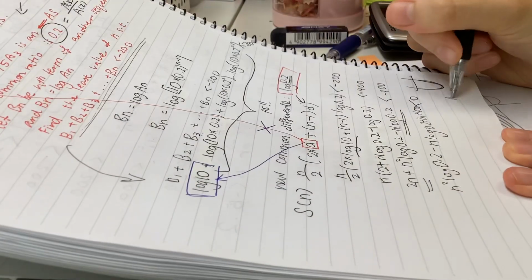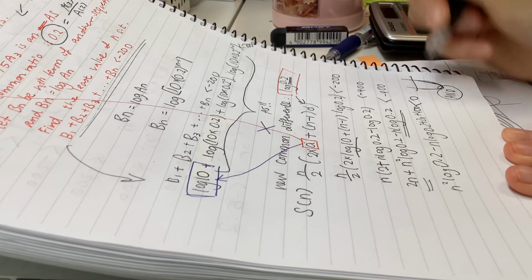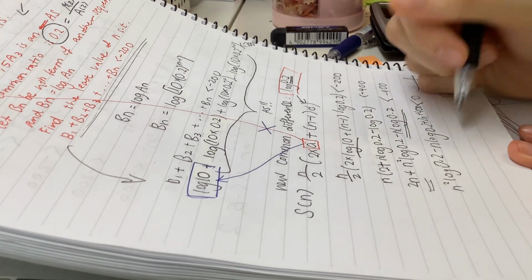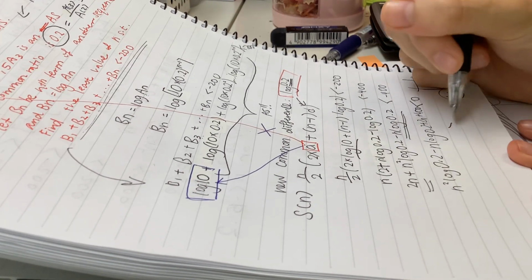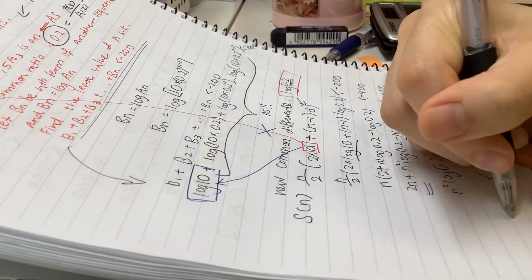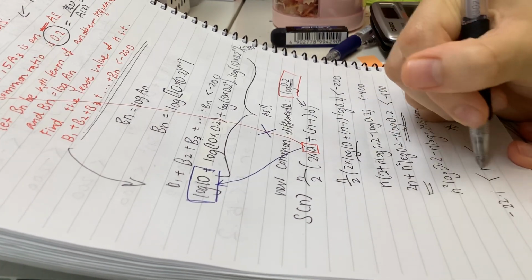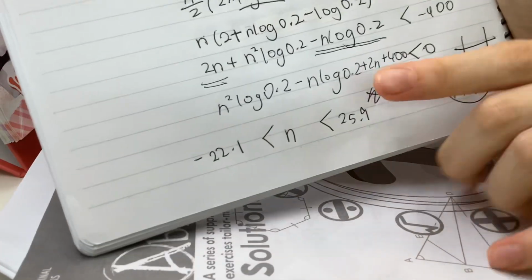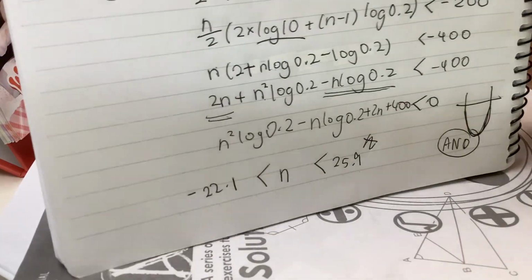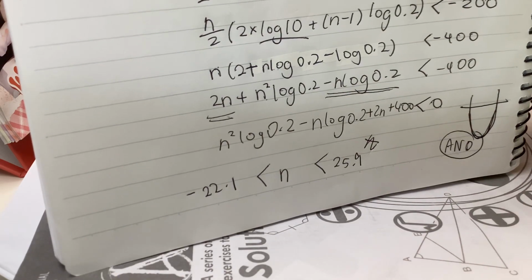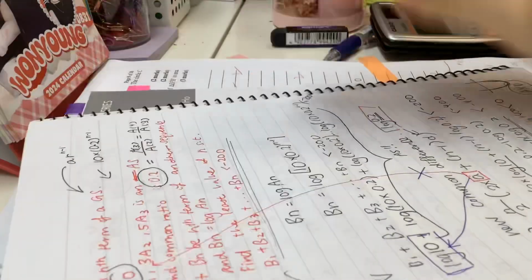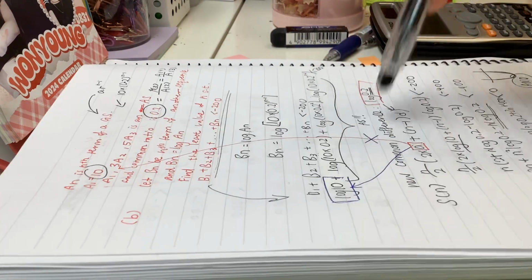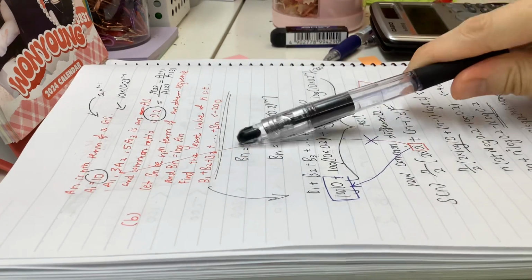So it means that it is and. So when we get this information, we will have this answer. It should be correct because I checked it. Yeah, so basically this is how you do this type of question.